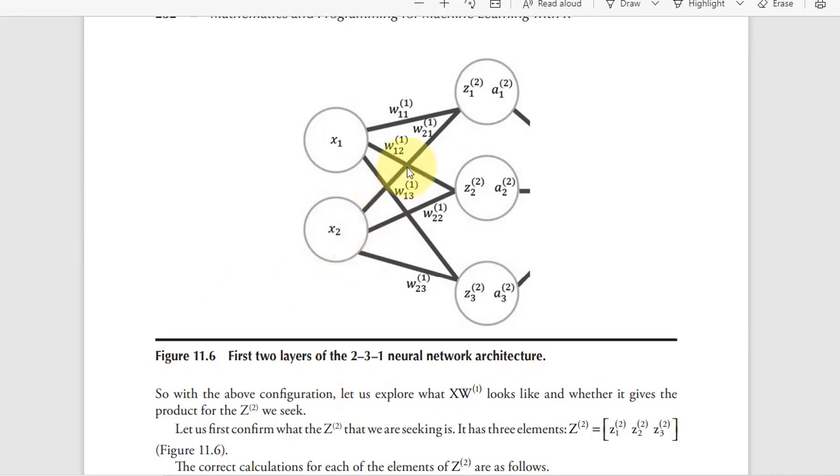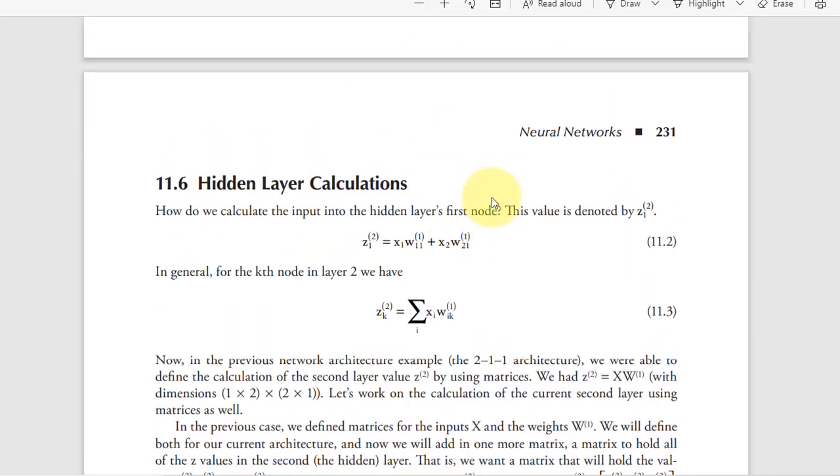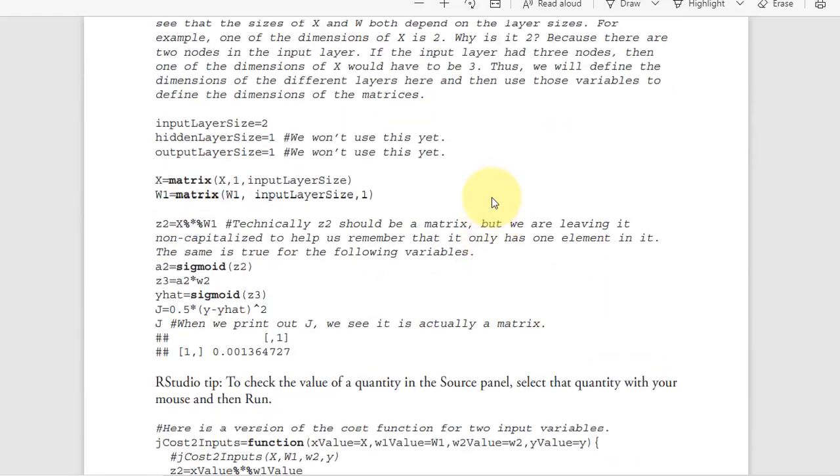Okay, so now we've talked about how to go from here through these weights to get these values. Now the next thing we need to talk about is how we go from here to here, or here to here, or here to here. What is this A1? Where does that come from? Same thing in the simpler picture.